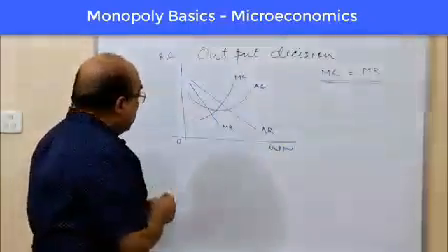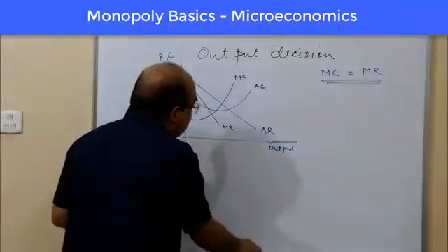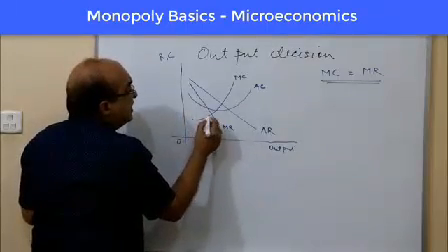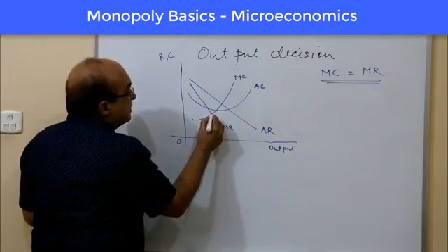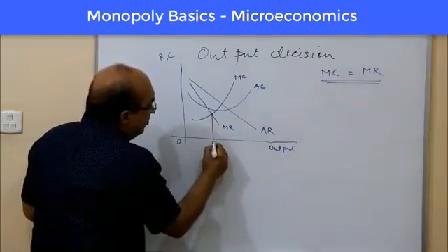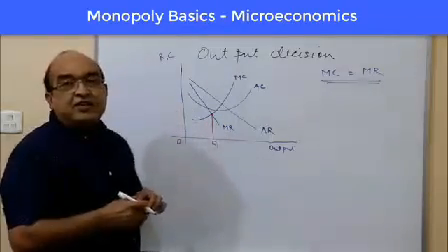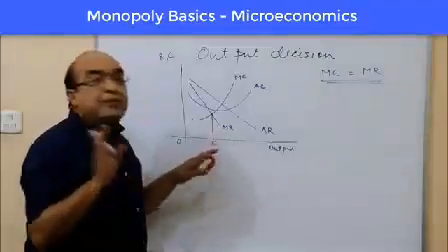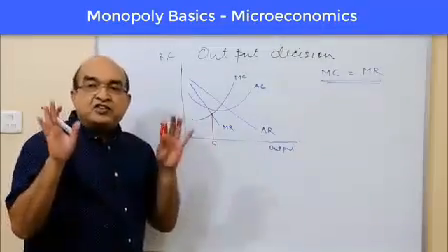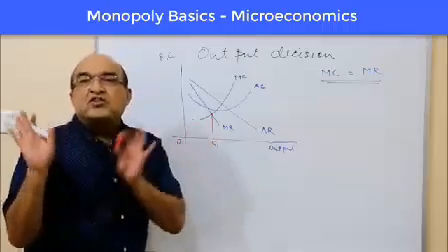Now marginal cost and marginal revenue are intersecting at this point. So this level, which is Q1, is the equilibrium level of output, that is the level of output which is most profitable for the firm.